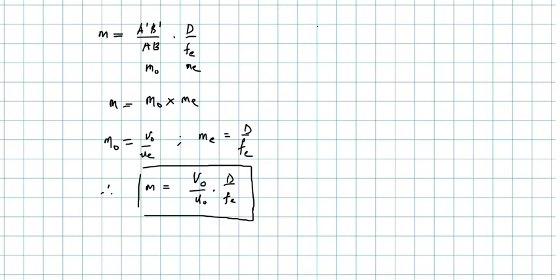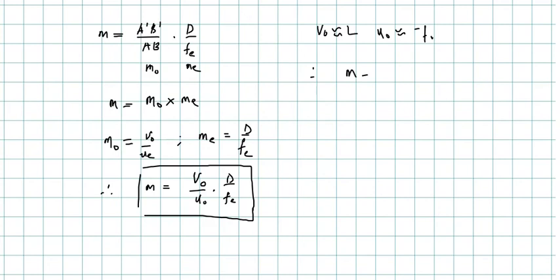Again, we can assume that VO will almost be equivalent to the length of the tube. Tube means the one in which the convex lenses are placed, in which the whole arrangement is placed. And UO is almost equivalent to minus f of o. Why minus? Because of the sign convention.